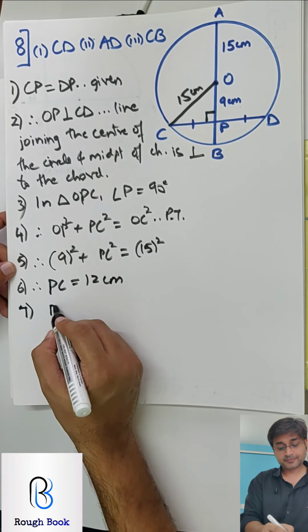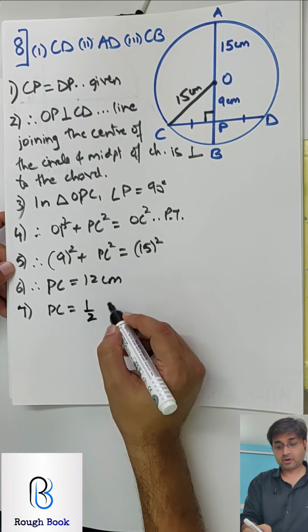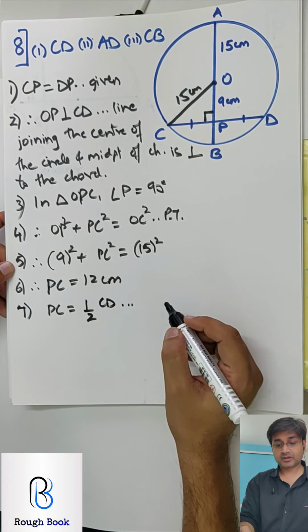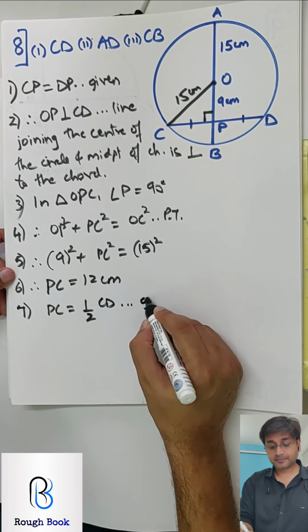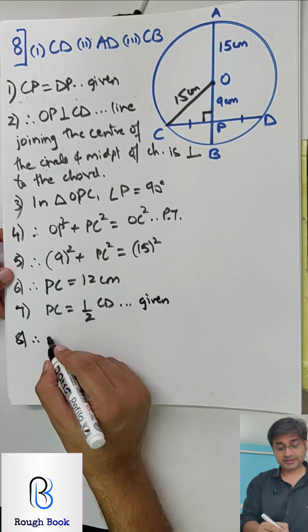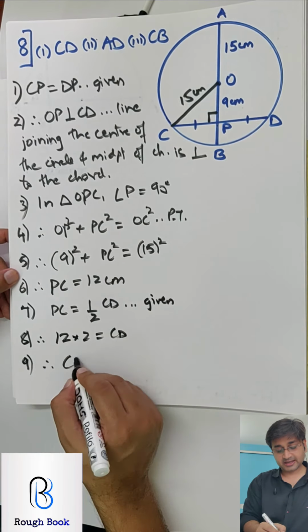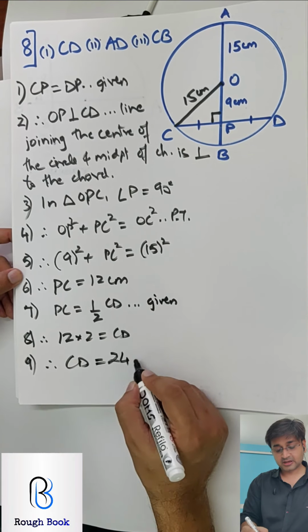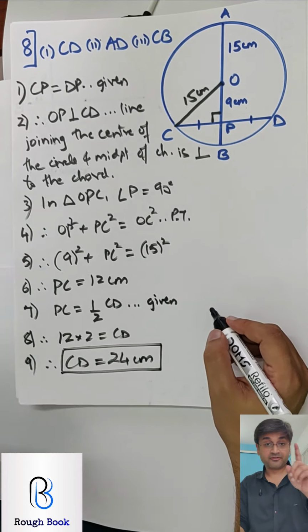Now let's double it. So PC will be half of CD. This we got because it's given that CP is equal to PD. So therefore PC is 12, into 2, that's CD. And finally I can manage to write CD as 24 centimeters. So you got the first part.